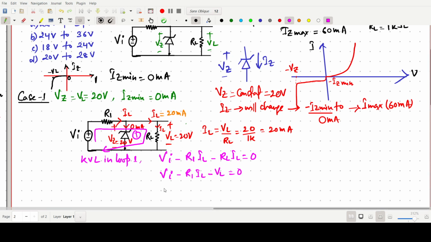Both are the same. So Vi can be written as VL plus R1 IL. VL is the same as the Zener voltage.